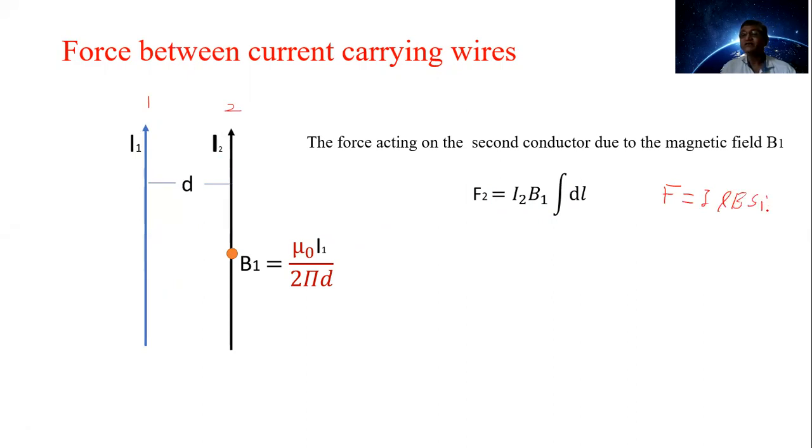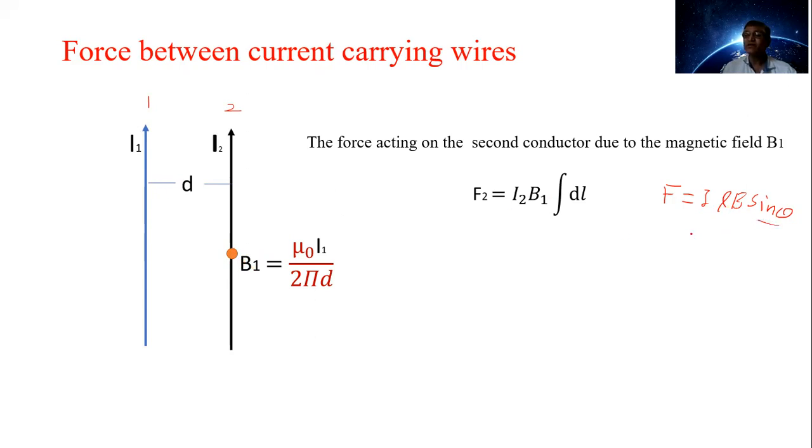ILB sin theta. But see here, the magnetic field B1 has a direction perpendicular to the plane of the figure and directed inward, into the plane of the figure. And that's why theta is equal to 90 degrees.